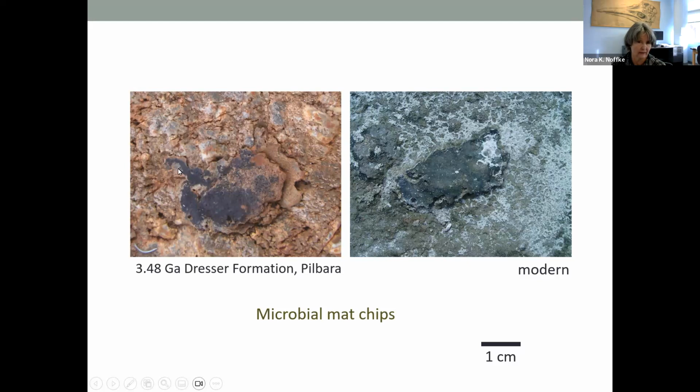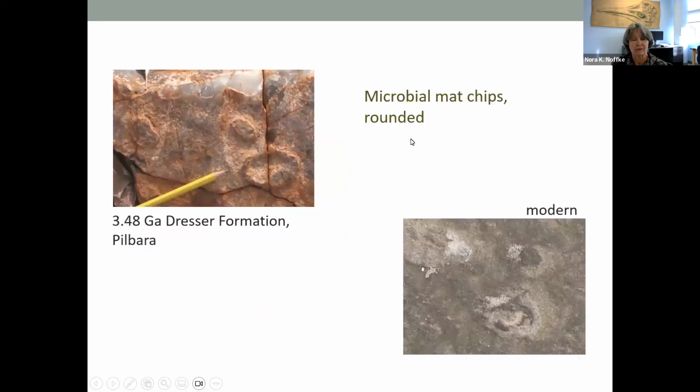So note again, here we have this lobe, here's another lobe, here's an embayment, and so forth. This here is 1 centimeter for scale. Now, if microbial mat chips are being transported, they can be rounded. Here, beautiful examples from the Dresser Formation again, and here, modern counterparts.